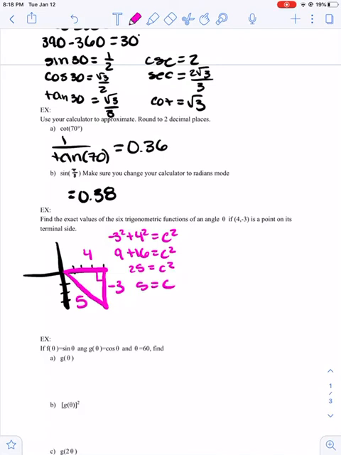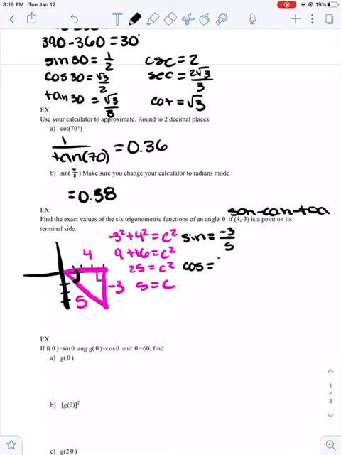All right. So the next thing we are going to do is find all those trig functions. So sine, and then we remember using our SOHCAHTOA. Sine is opposite over hypotenuse, and our angle is right here. So opposite, your angle is always near the origin. So the opposite is -3, and the hypotenuse is 5.